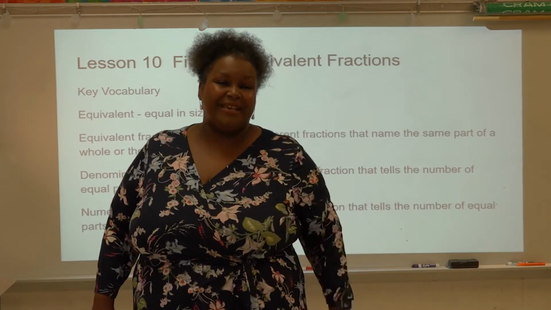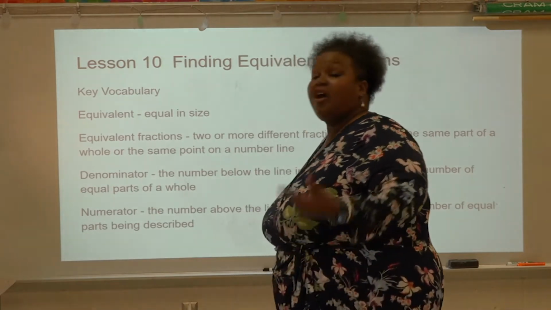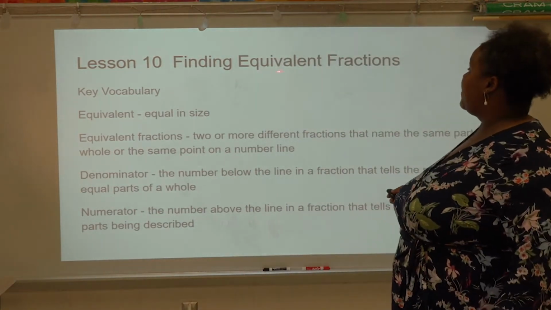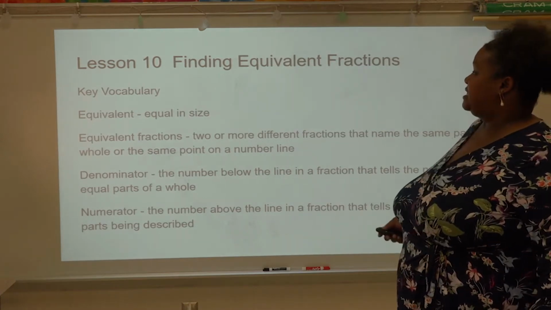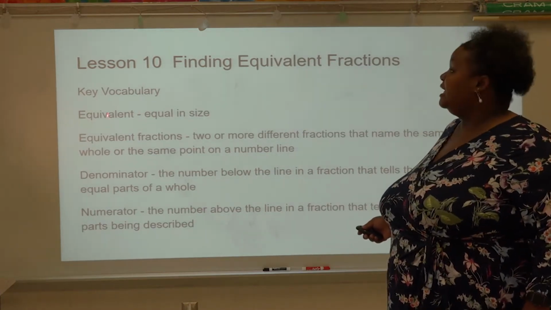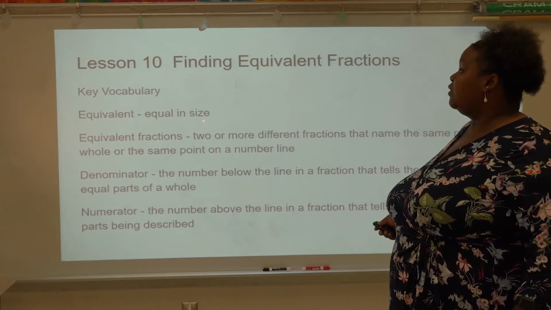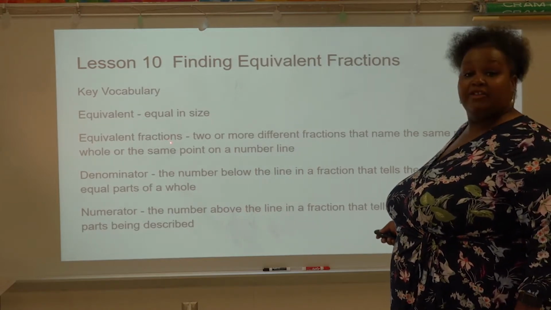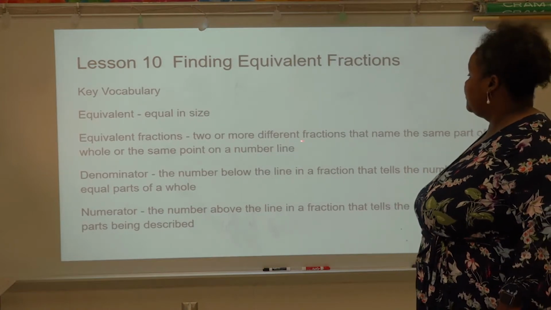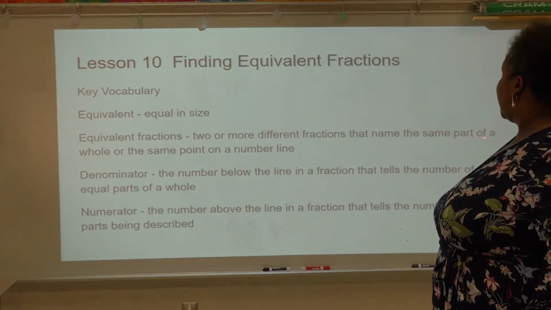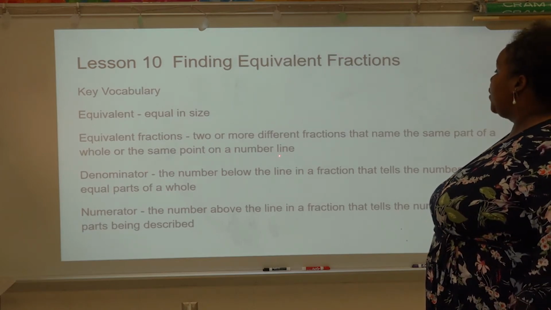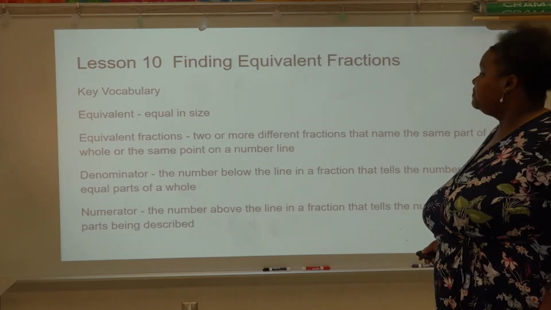All right, let's begin. I'm going to start off with vocabulary that goes with this lesson. Lesson 10, finding equivalent fractions. Key vocabulary: equivalent, equal in size. Equivalent fractions, two or more different fractions that name the same part of a whole or the same point on a number line.